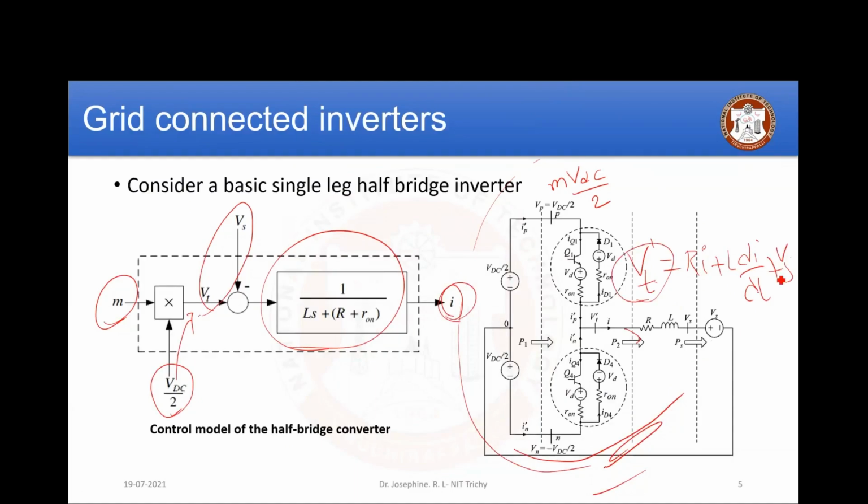If you take Vt dash minus Vs, it is simply this function.